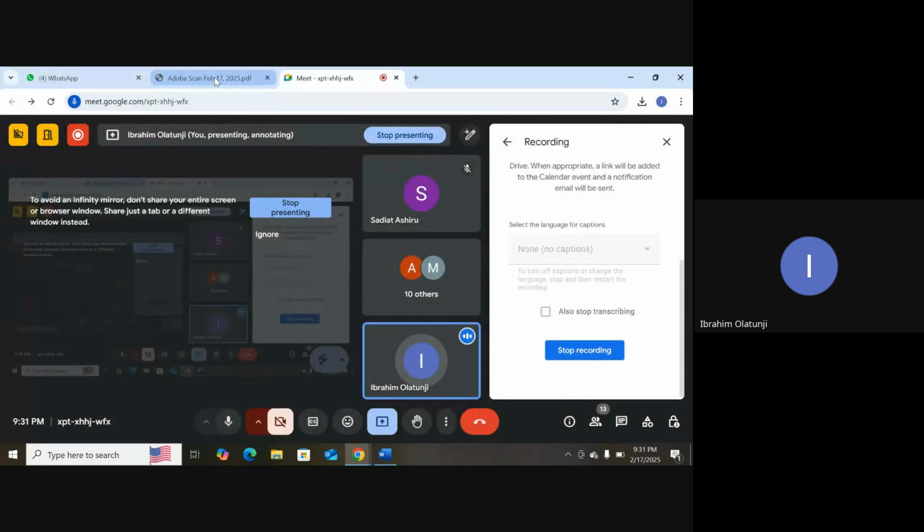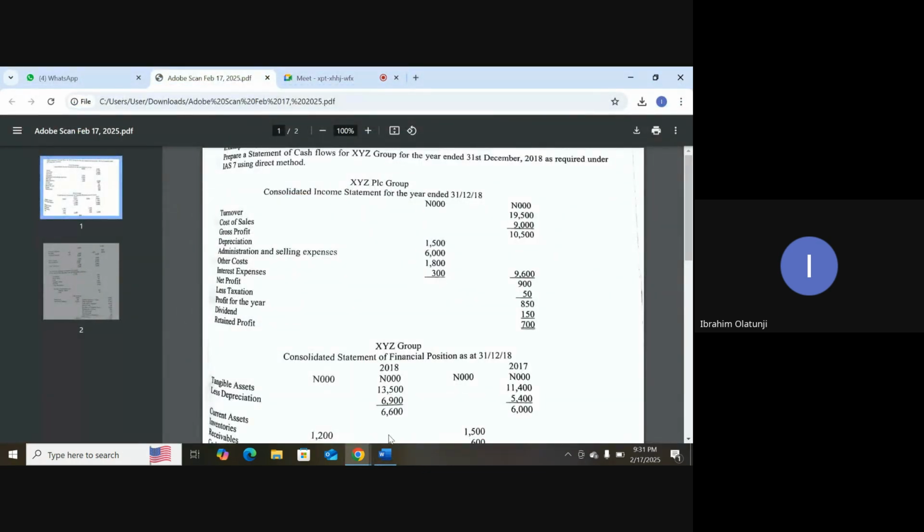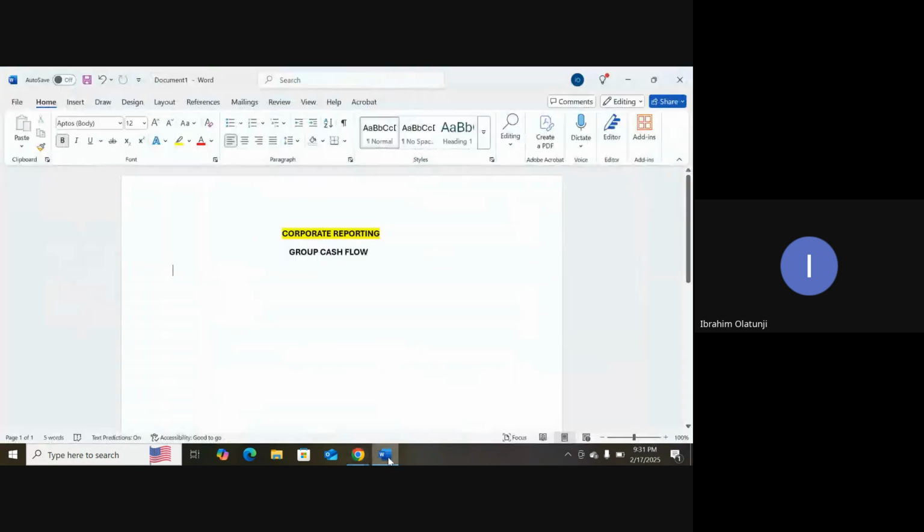We want to lay emphasis on the group cash flow. I said under the group cash flow, we have two methods. Under the cash flow, which is IAS 7, we have two approaches that we can use to tackle this. Number one is the direct method, while the second approach is the indirect method.